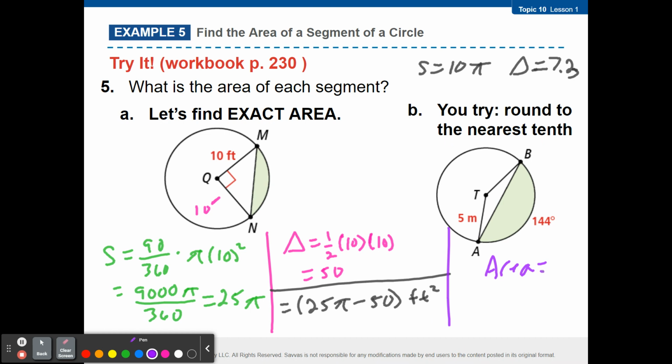What's the total area? Subtracting those two, 10 pi minus 7.3. Come on. Yes, 24.1. Thank you. This will be 24.1, and this will be in meters squared.